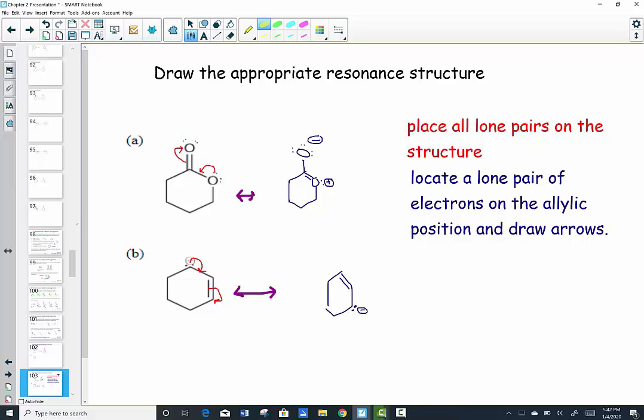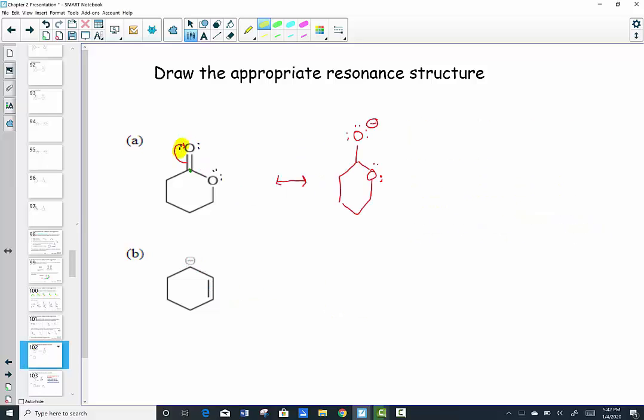If I move the second lone pair, we get an oxygen with a double bond and a positive charge. So just wanted to kind of verify this also works. This meets the criteria of having a lone set of electrons in the allylic position. So this can also occur. And when it does so, you form a double bond here.